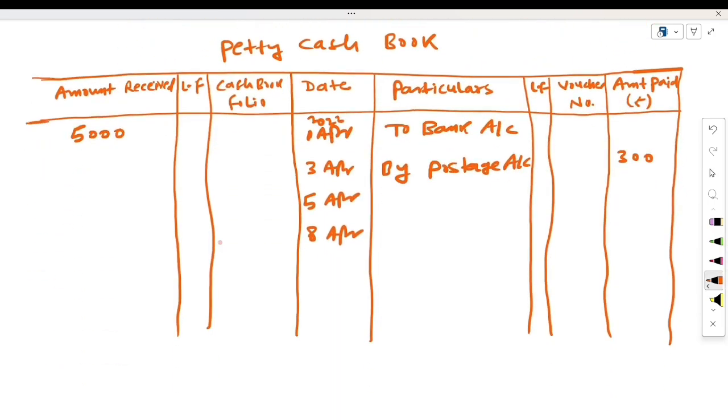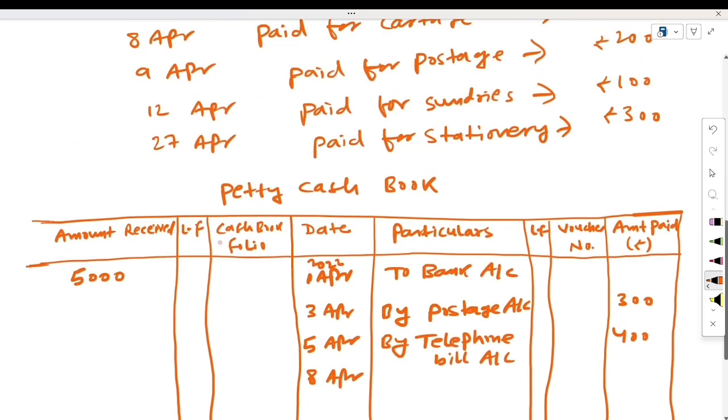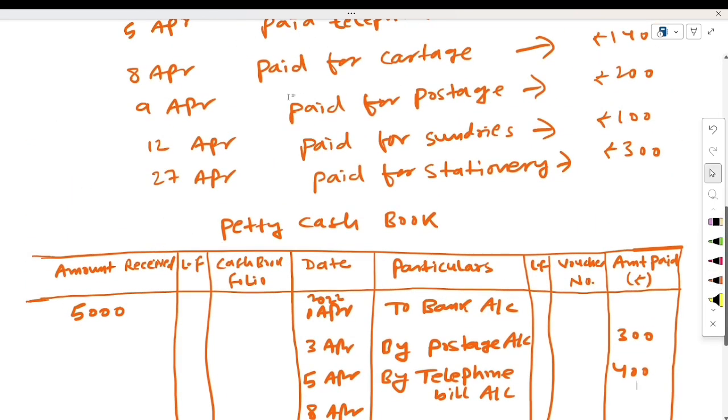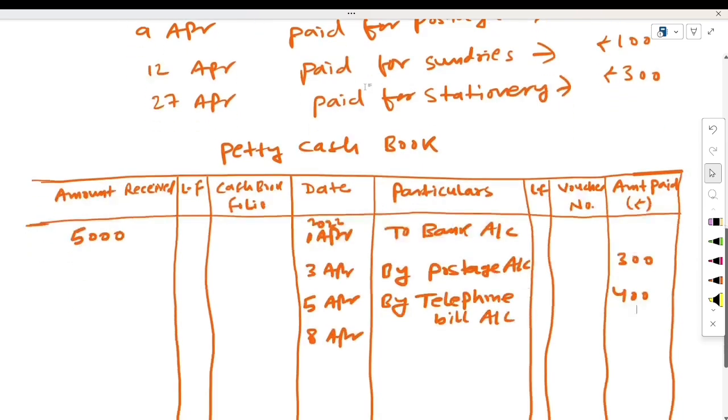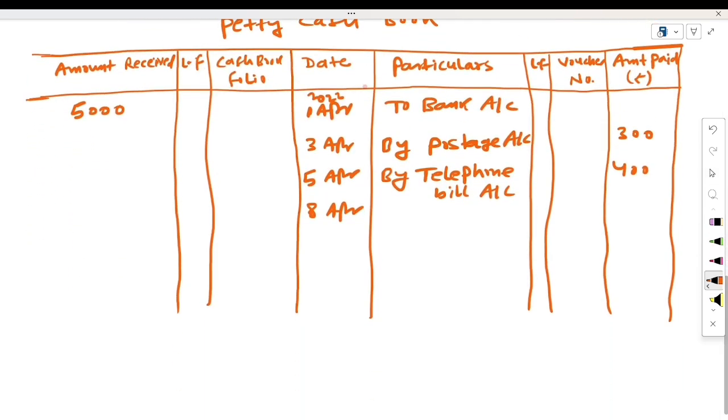We will write here on 5th April by telephone bill account, 400. Next, on 8th April, paid for cartage, how much? 140. We will write here by cartage account, 140.